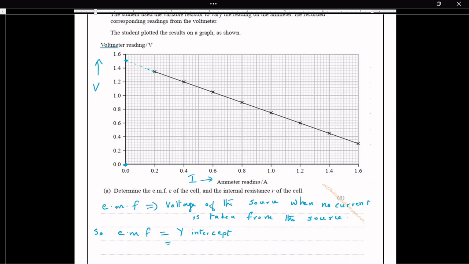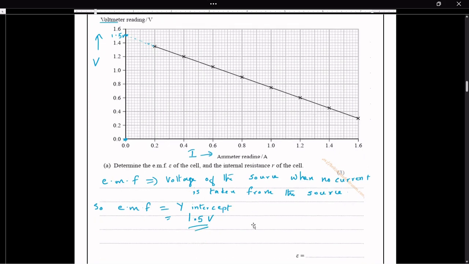Extending the line backward, the y-intercept is between 1.6 and 1.4, so it is approximately 1.5 volts. So the EMF is 1.5 volts.